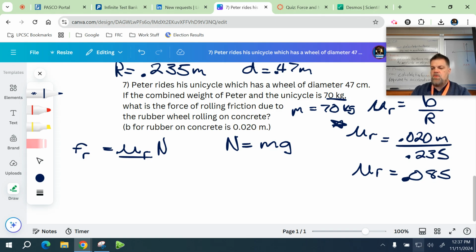And it's a multiple choice question, so we might be off a little bit because we're doing some rounding, but that's okay. So that's done. The next thing is to find the normal force, which is going to be 70 kilograms times 9.8 meters per second squared.